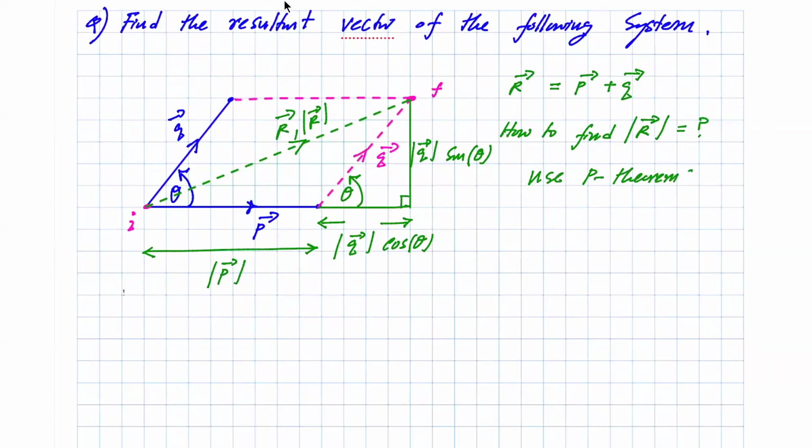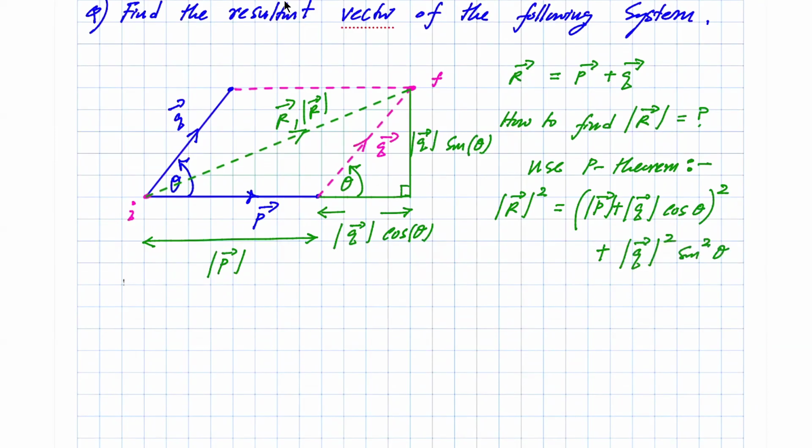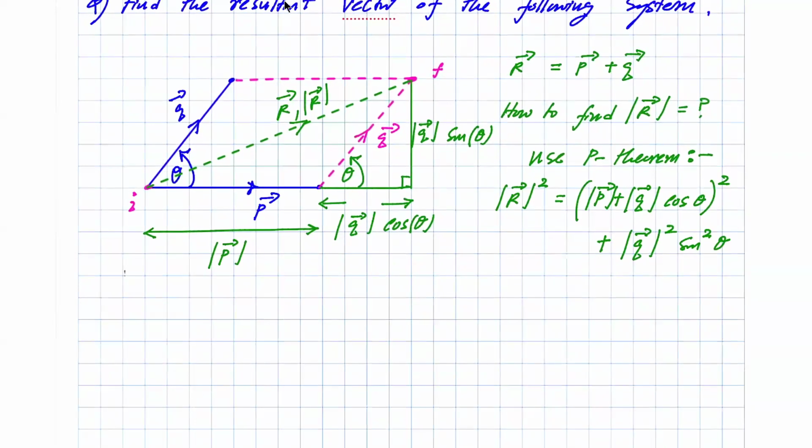So if you use Pythagoras theorem here, you will get R vector magnitude squared is equal to, your base is going to be P vector magnitude plus Q vector magnitude cosine theta, the whole thing squared, plus Q vector magnitude squared sine squared theta. Right? So now we will simplify this a little bit.